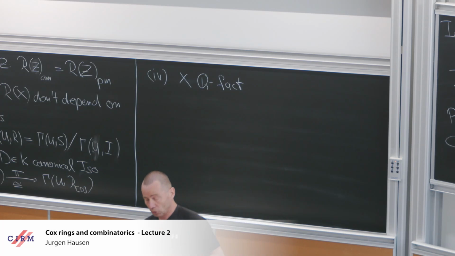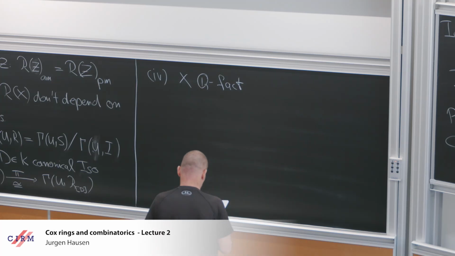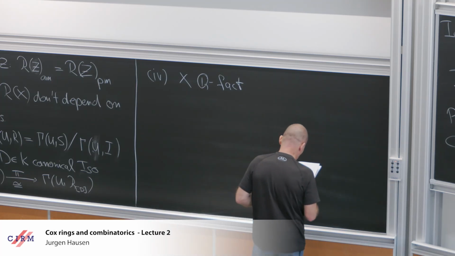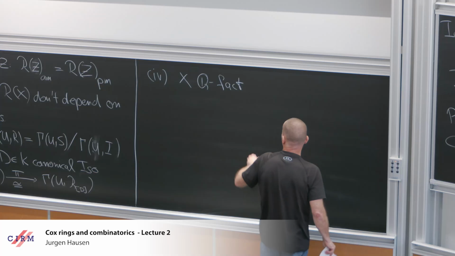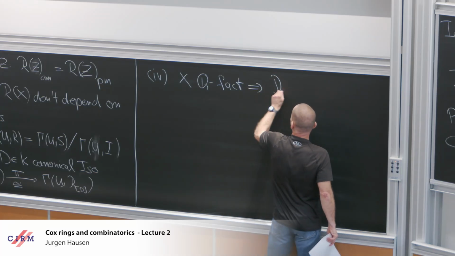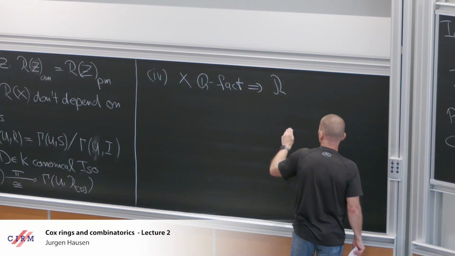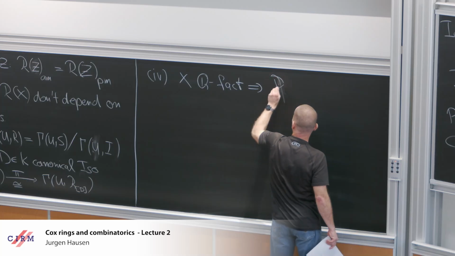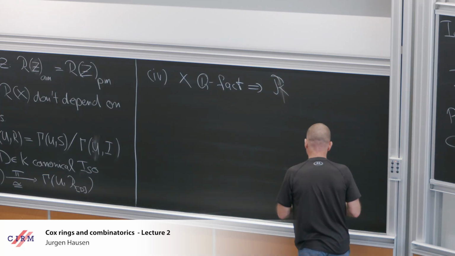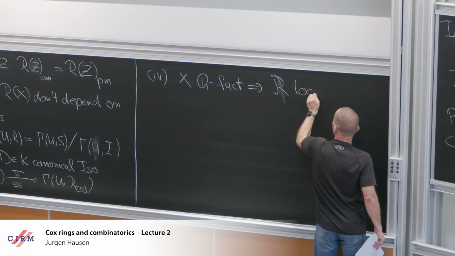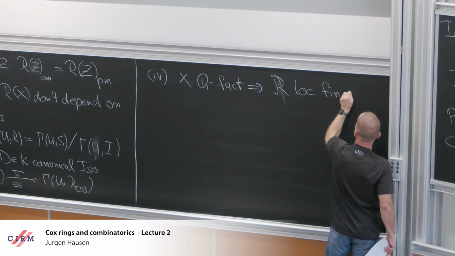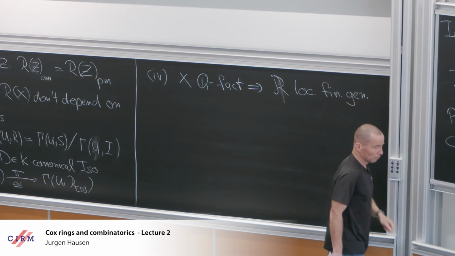So if you have such a variety, then we see that at least locally our Cox sheaf is finitely generated.